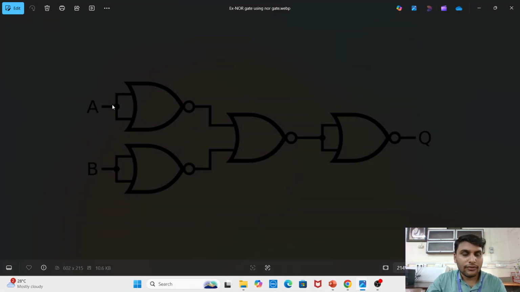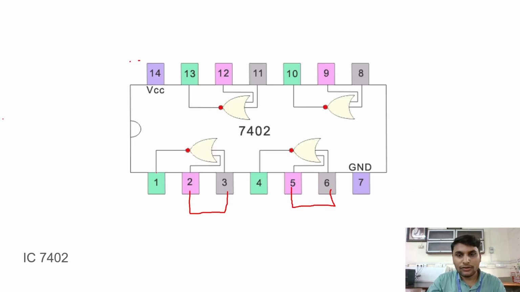Now we have to provide the input to the first gate and the second gate. Our slide switch is connected to either pins 2 and 3 or pins 5 and 6, because we have already interconnected pins 2, 3 and 5, 6. You can choose the connection between 2 and 3 and between 5 and 6.